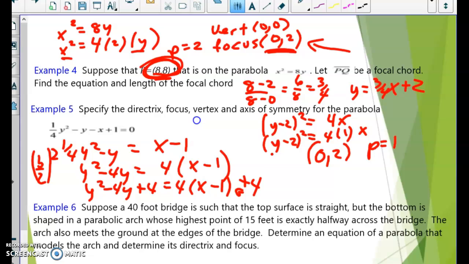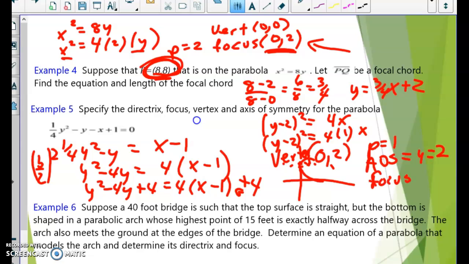So I know that my vertex, and I know because it's y squared equals, so it's at (0, 2), it opens that way. And so my axis of symmetry is going to be y equals 2, and then my focus, since my p is 1, is going to be out here.